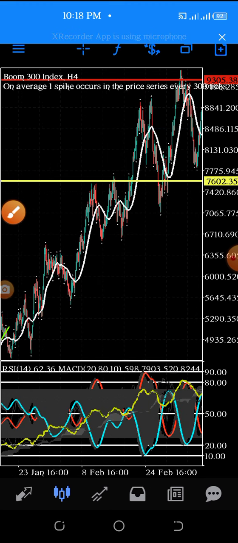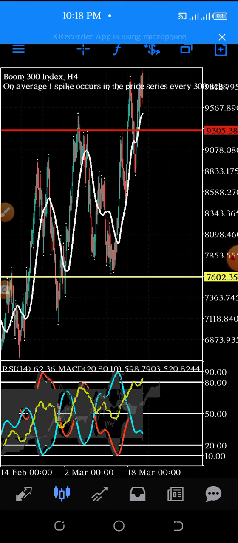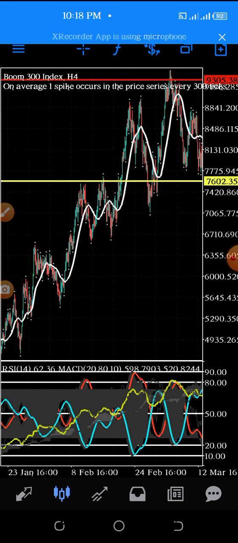And when you identify these two zones, that is when you will begin to make profits in your trade. Because if you can't identify them, you will not trade well. You'll be making mistakes. Because we usually tell you to trade with the trend.